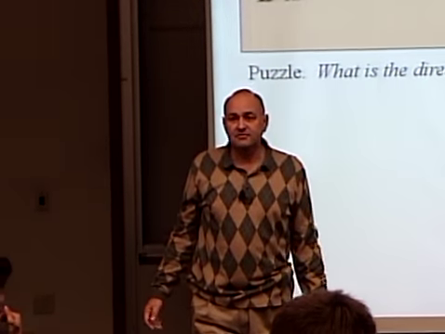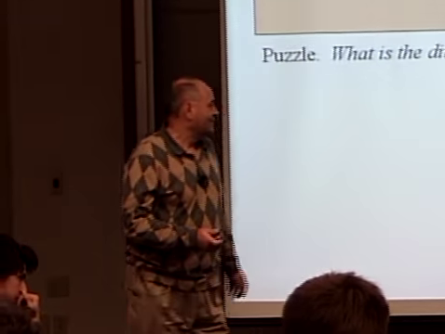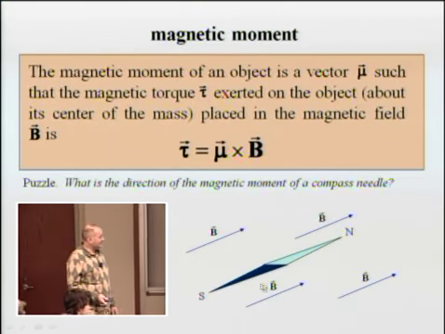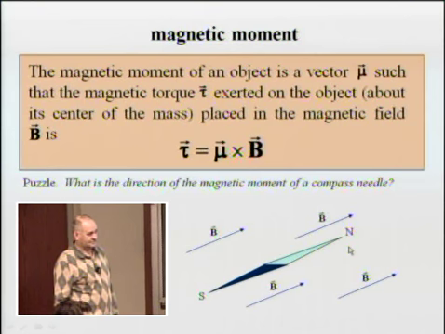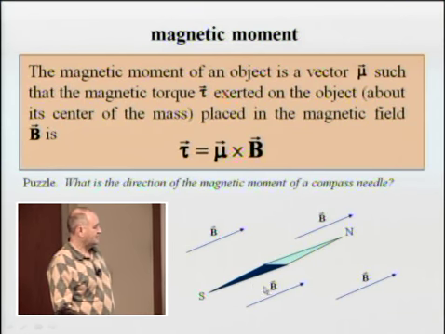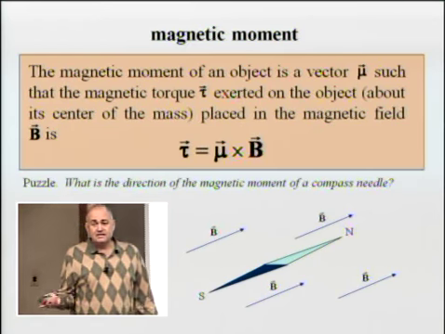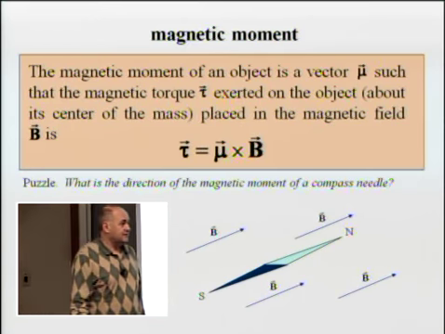All right, so from those 5 situations, let's try to figure out what is the direction of magnetic moment. Right now, we have to get a 0 torque. Now, magnetic moment of an object is like an attribute of an object.